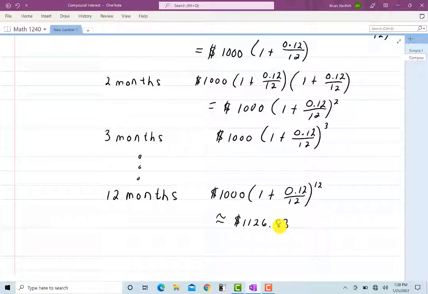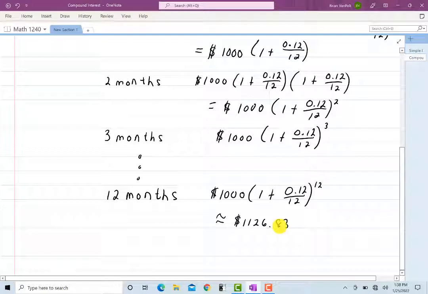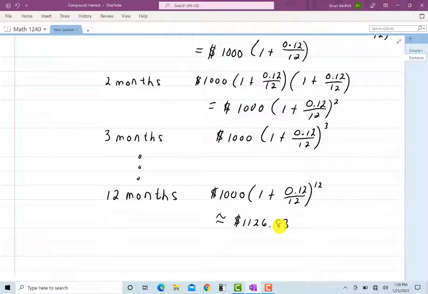Now, before I go on with more examples to illustrate this method, let me show you how much you would have made if you would have put this into a simple interest account.